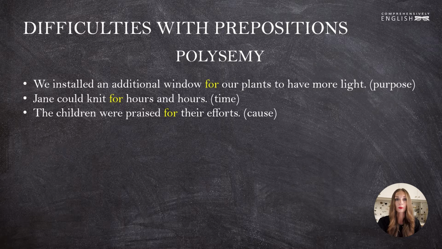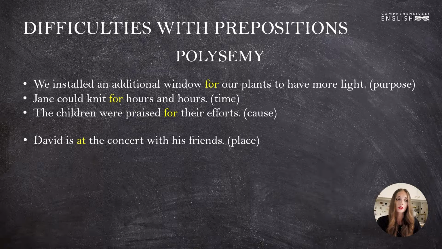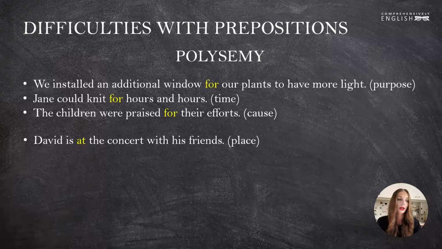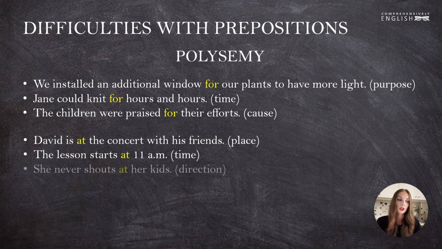Another preposition that belongs to different semantic groups, that is, has different meanings, is the preposition at. David is at the concert with his friends. Here, at expresses place. The lesson starts at 11 a.m. Here, at tells us about the time. She never shouts at her kids. In which direction? At her kids, yeah?